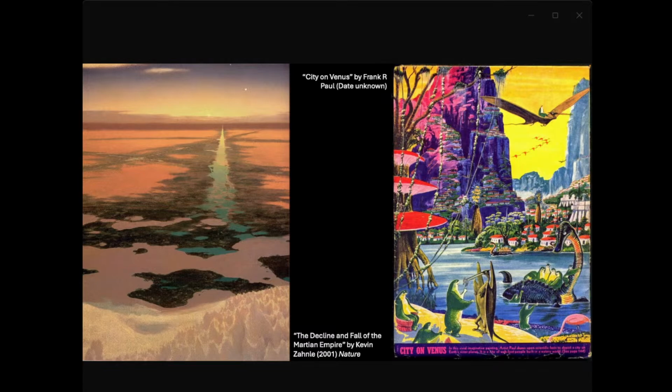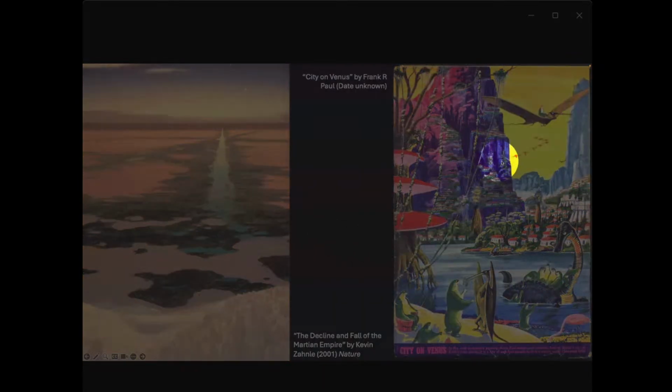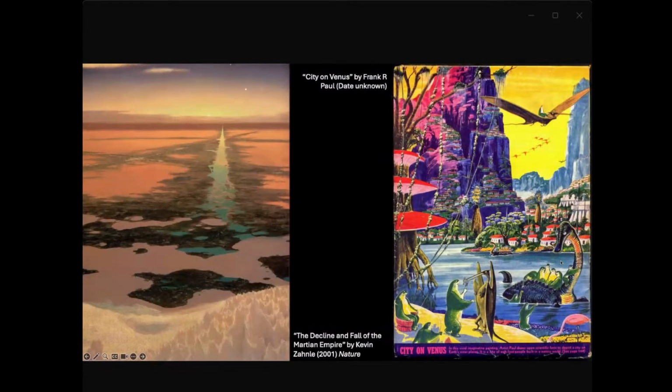And then on the right, we have the dinosaur civilization here. This lovely, fantastical image by Frank R. Paul. You can see some interesting forms of transit up here and down there. A little bit unconventional, still probably faster than London Transit, frankly.